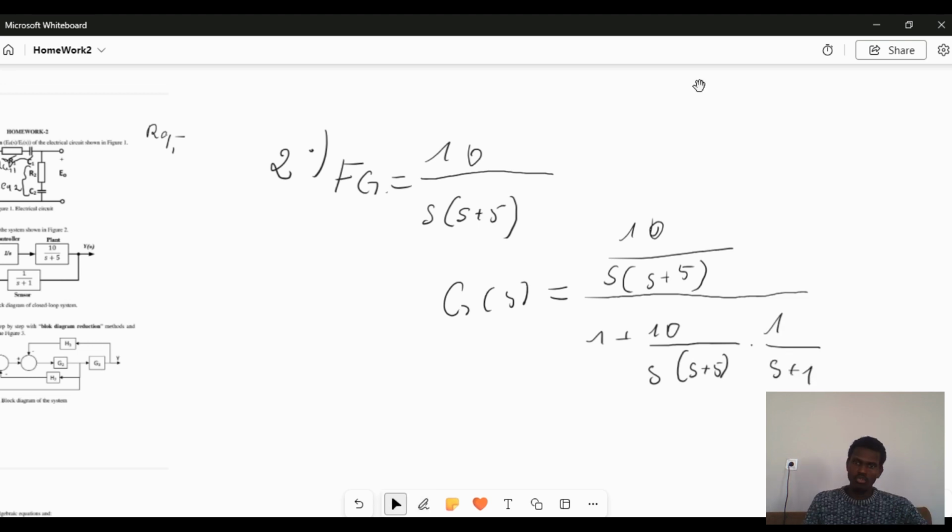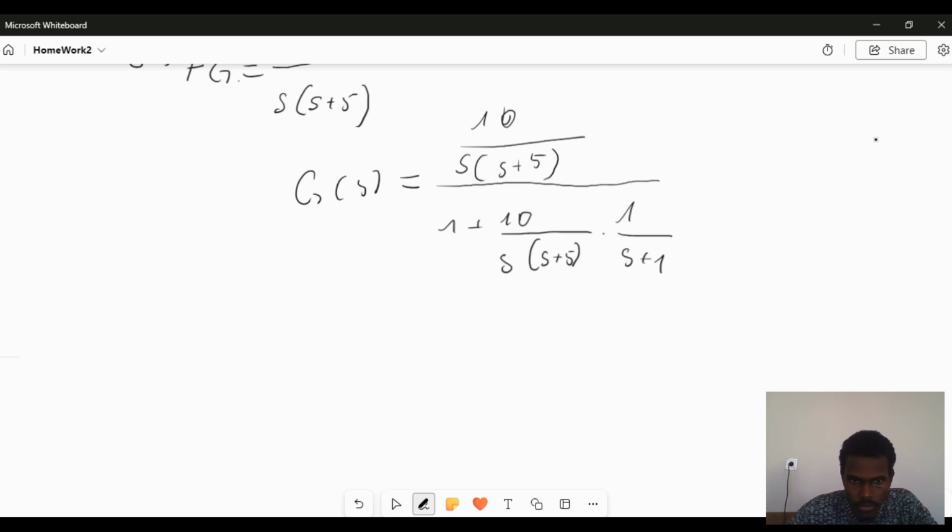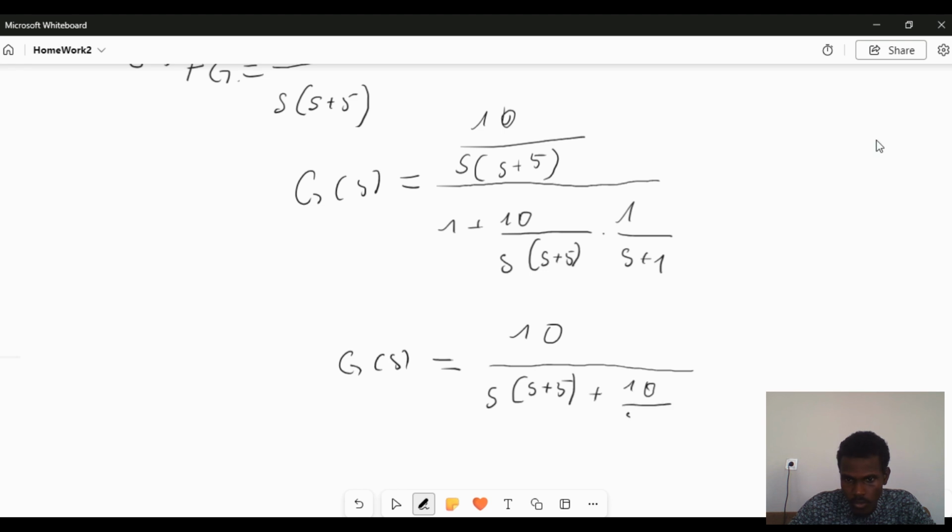Running this equation, you can find G(S) is equal to 10 over S multiplied by (S plus 5), plus 10 over S plus 1.